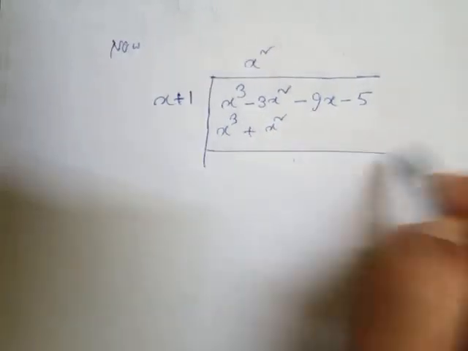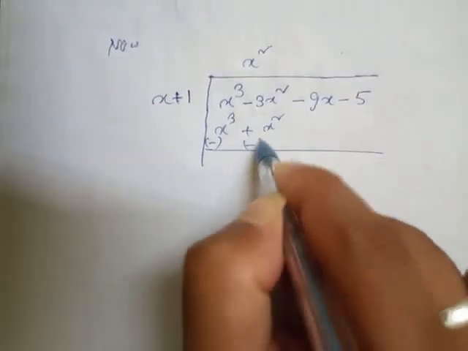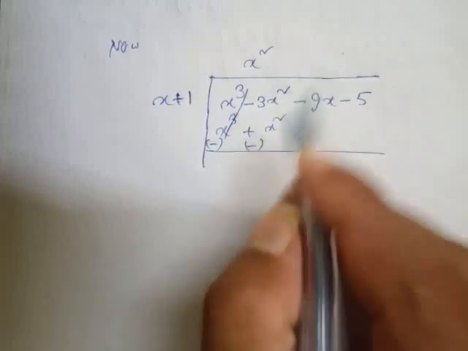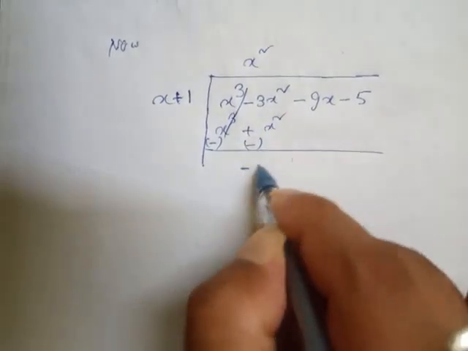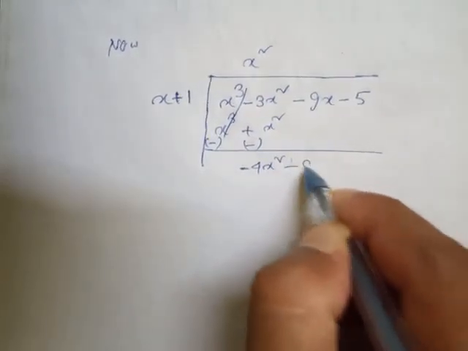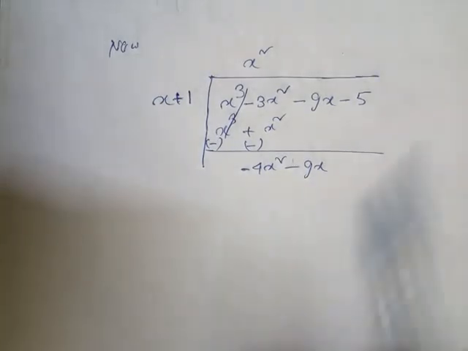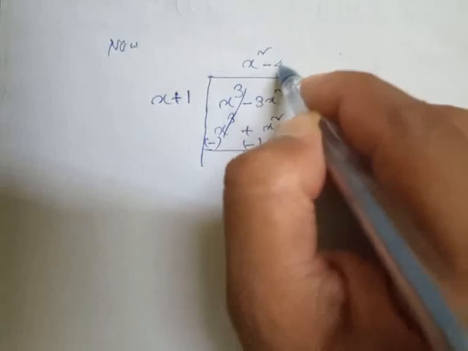Now look, after that, minus, also minus, cancel this. Now minus 3 minus 1 means minus 4x square, then minus 9x. After that, student, there is minus 4x square. We'll put down here only minus 4x.